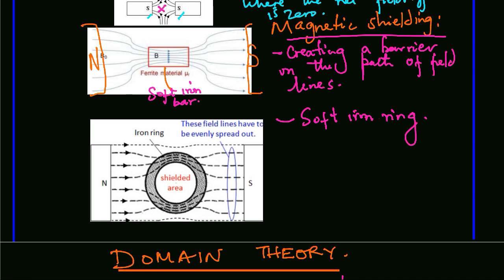In the same case, we note that the magnetic field lines move within the ring, leaving the area where we have the space. The area where we have the space is said to be shielded.